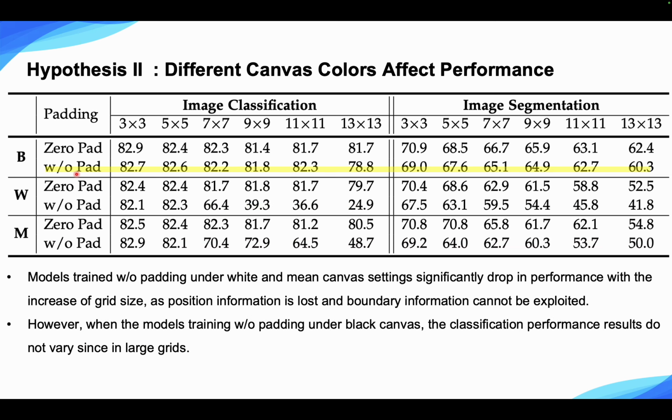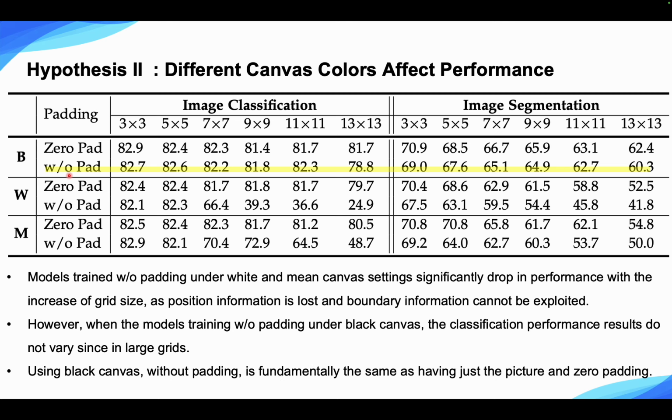However, if we use a black canvas, the classification performance results do not vary even in the large grid size. Because using a black canvas without padding is fundamentally the same as having just a picture and zero padding.